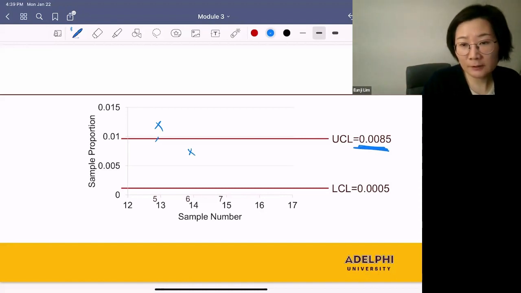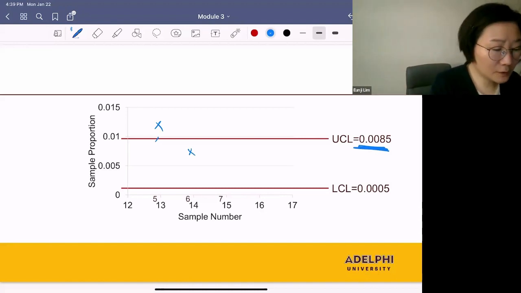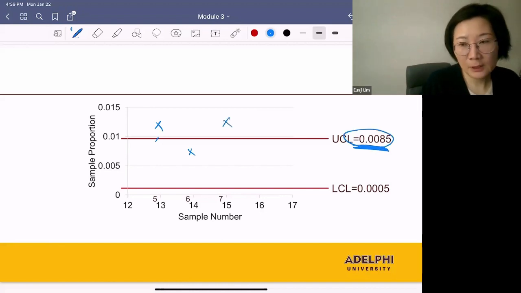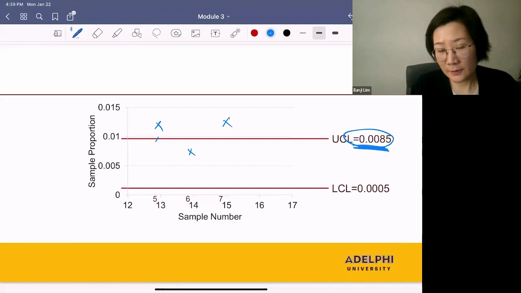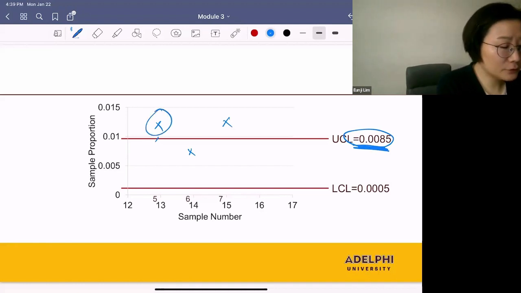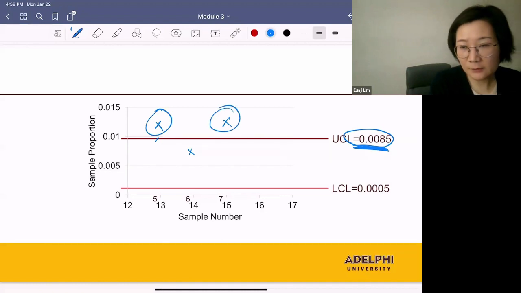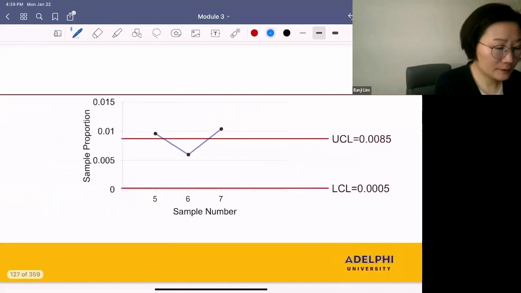And the next one is 0.0104, so that's above the upper control limit. Now we can make a conclusion. Is this process in control or not? Since we have two sample proportions that are outside the limits, the process is out of control. That's our conclusion.